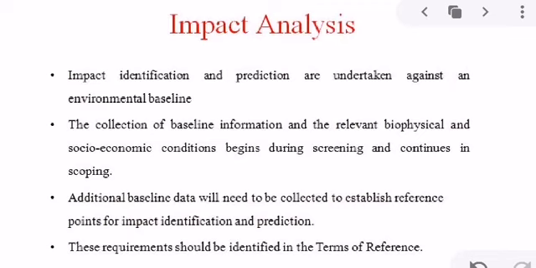So additional baseline data will need to be collected to establish reference points for impact identification and prediction. These requirements should be identified in the terms of reference.